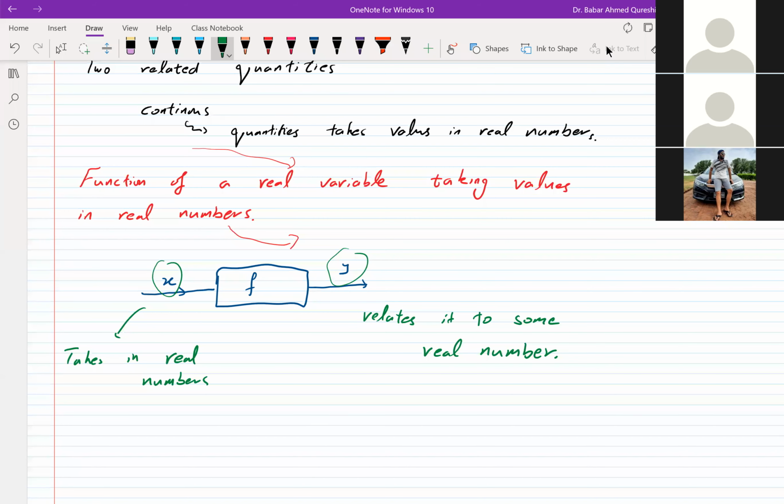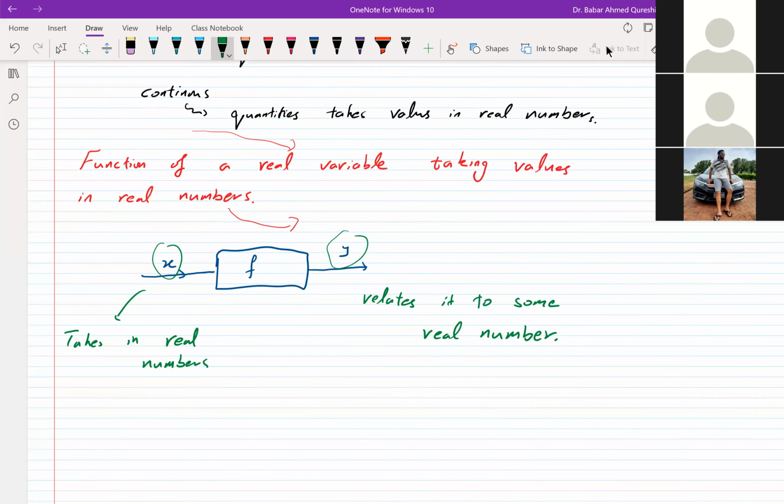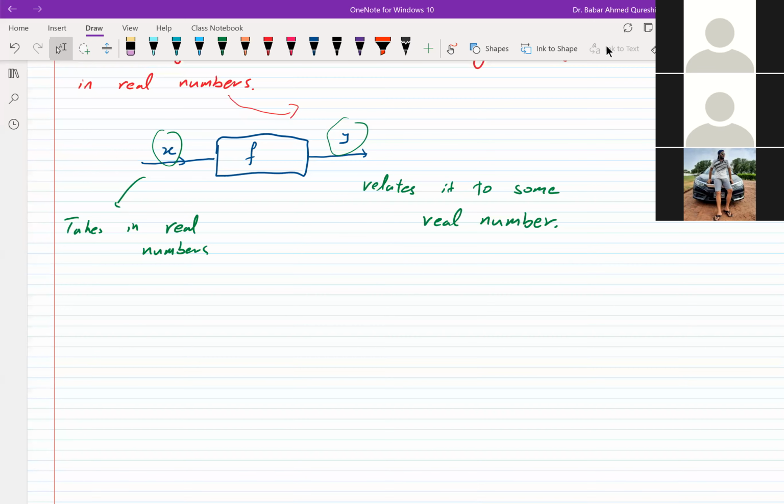So all information about the function is known if we know the outputs for all the inputs. Well, that's all there is to the function. That's what it does. It takes in values and gives you output. So if you knew the full formula for the function, you have in principle all the information about the function.